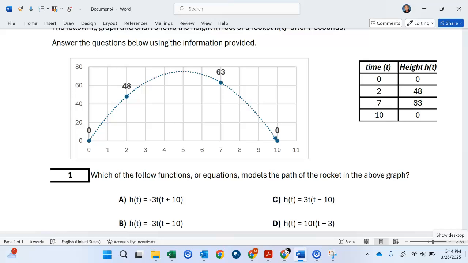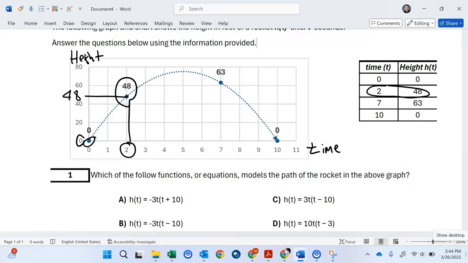We know that when the time, this is the time over here in seconds, is 0, the height over here is 0. But that doesn't really help us. But we also know when the time is 2, the height is 48, right? So that means that if we have the correct function, 2 over here gives 48 over here.